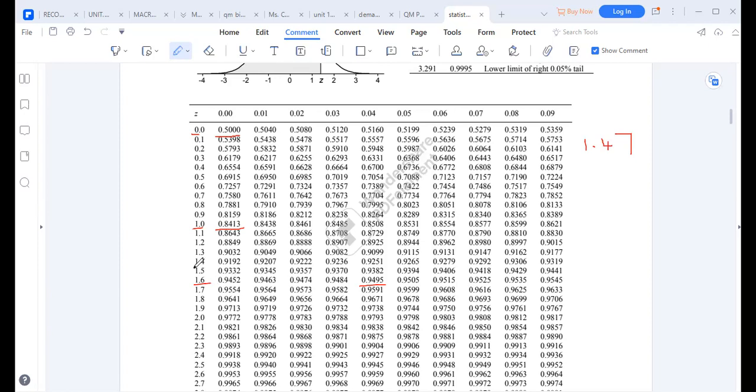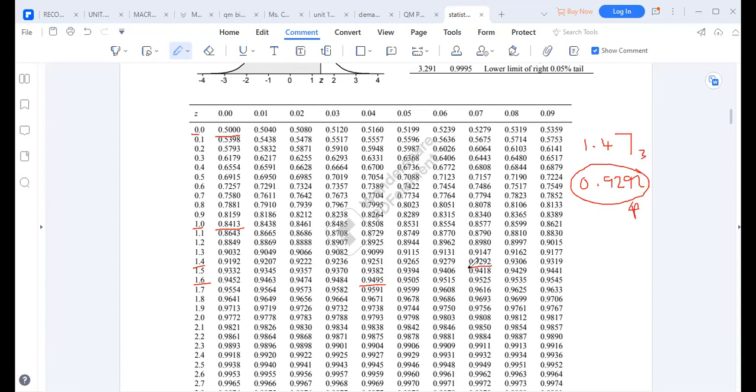You go under 1.4 and 0.07, where they meet. What is the reading? 0.9292. This is called the probability, and this is called the Z.